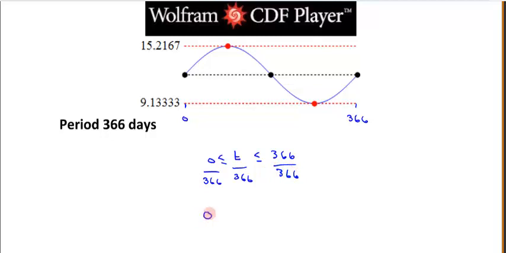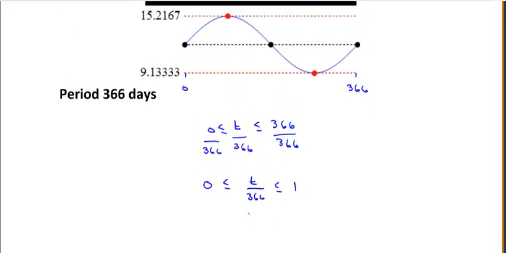And I have 0 less than or equal to t over 366, less than or equal to 1. And notice as t goes from 0 to 366, this expression goes from 0 to 1. We need it to go between 0 and 2 pi to complete one period of sine. So I'll multiply through by 2 pi.